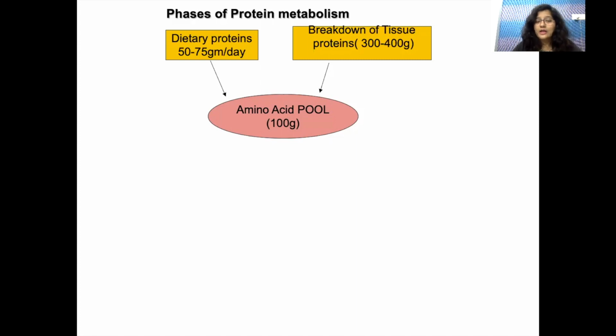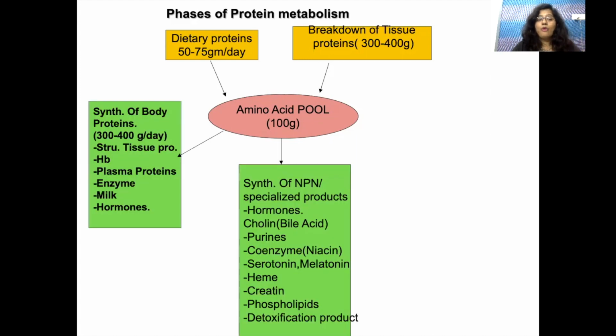Now how is the amino acid from the amino acid pool utilized? As we saw earlier, the majority is used for the synthesis of structural body proteins like hemoglobin, plasma proteins, enzymes, milk proteins, and hormones. Apart from this, a major part is also utilized for the synthesis of non-protein nitrogenous compounds.